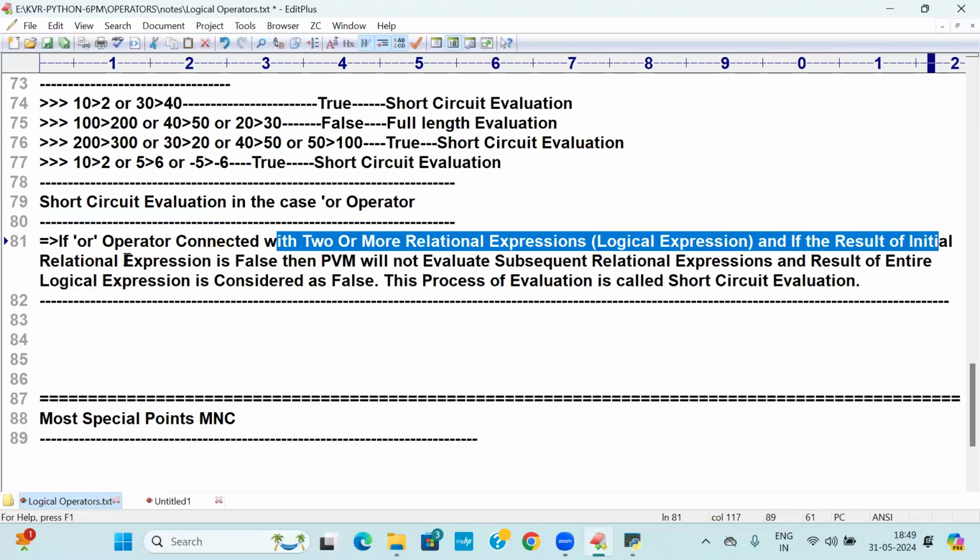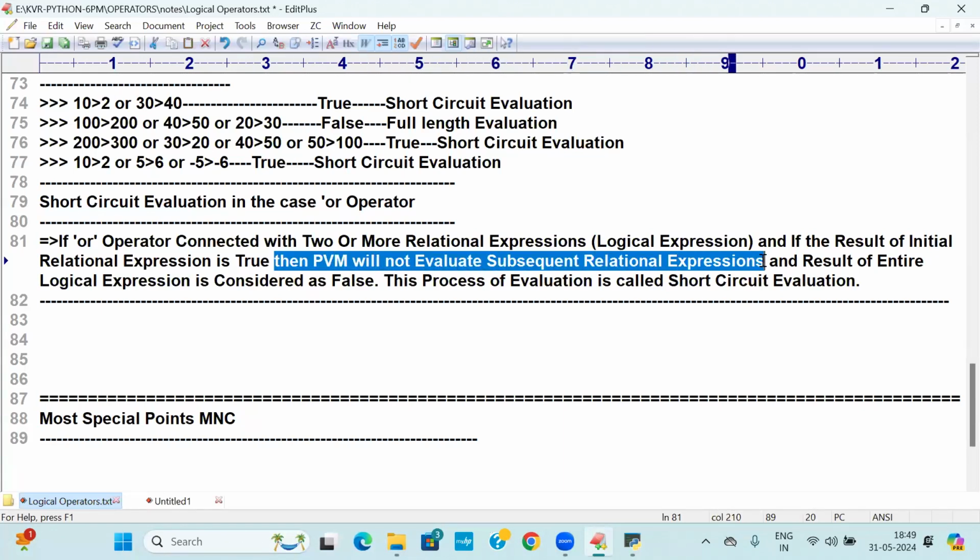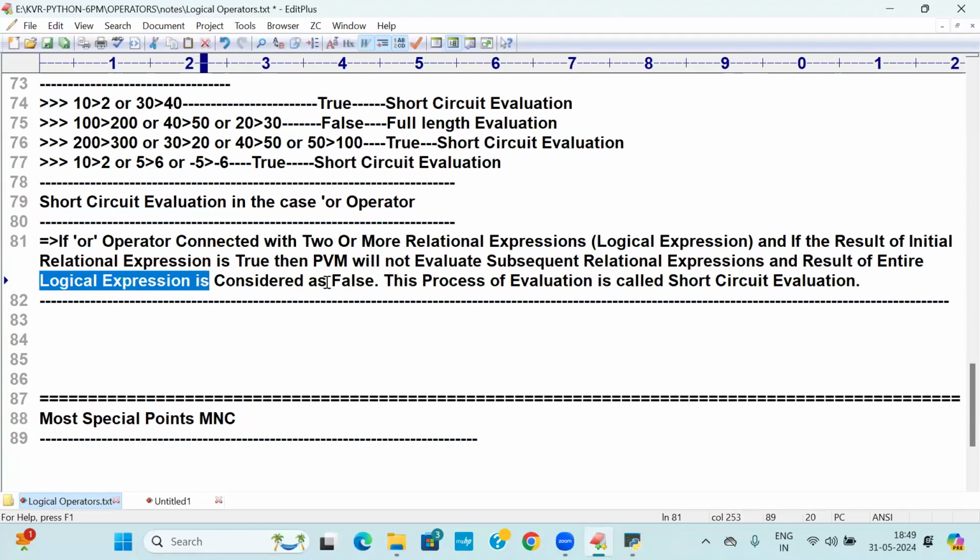And if the result of the relational expression is true, then PVM will not evaluate subsequent relational expressions. And the result of the entire logical expression is considered as true.